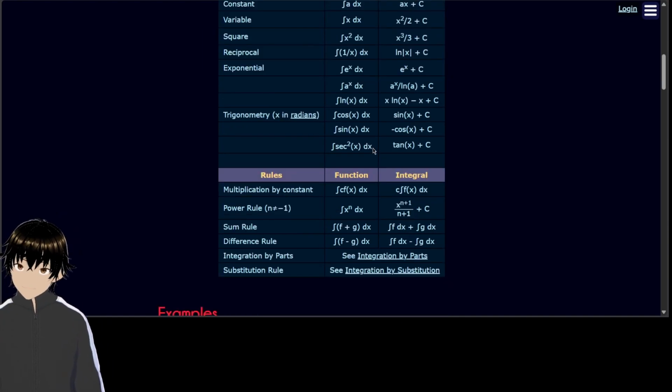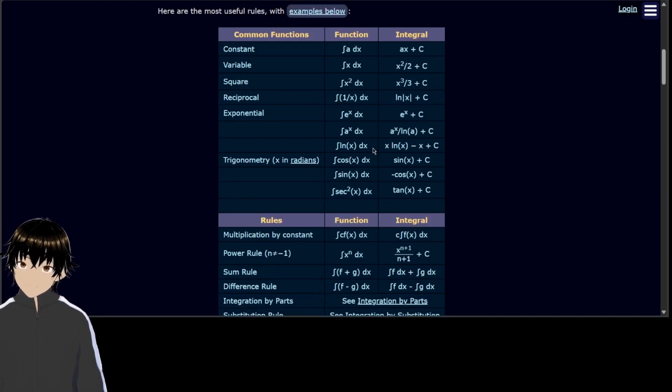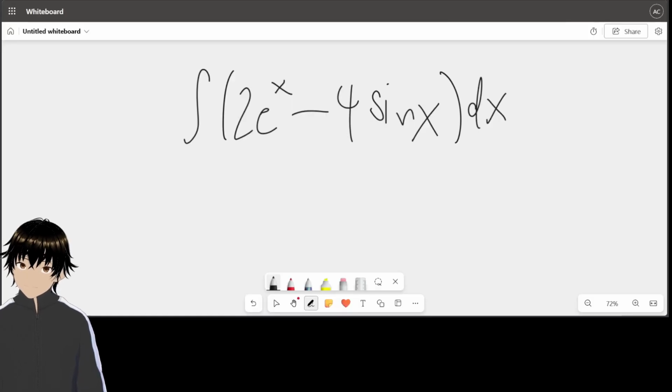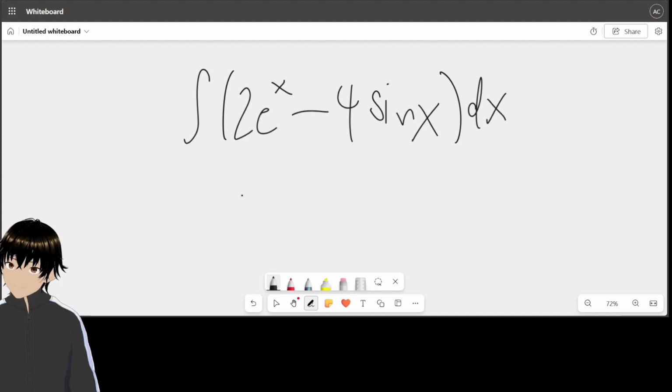If I'm getting this correctly, you have e^x plus C here, but I believe you have to use the power rule here, or am I wrong?